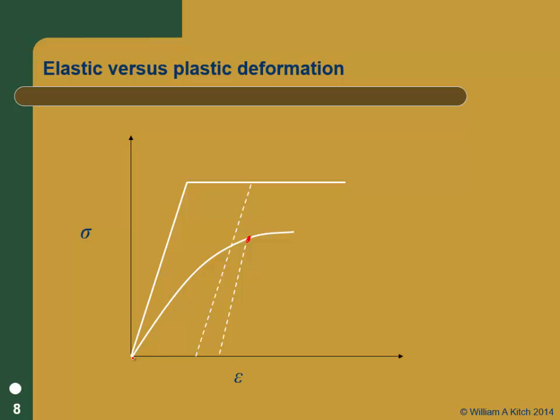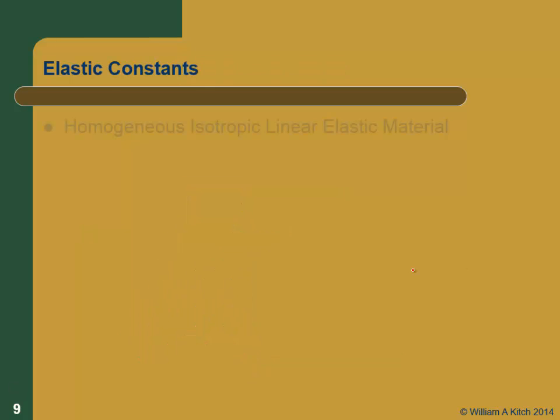And in this case, this distance right here is going to be the plastic strain. And this distance right here would be the elastic strain because that's the amount that was recovered, right? They don't necessarily need to follow a linear path. I mean, the unloading curve could look something like that too. That's possible too. So it's pretty simple. Elastic is recovered strain, plastic is non-recovered strain, irreversible strain.